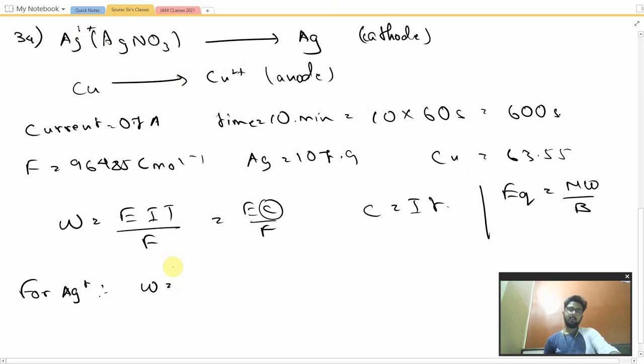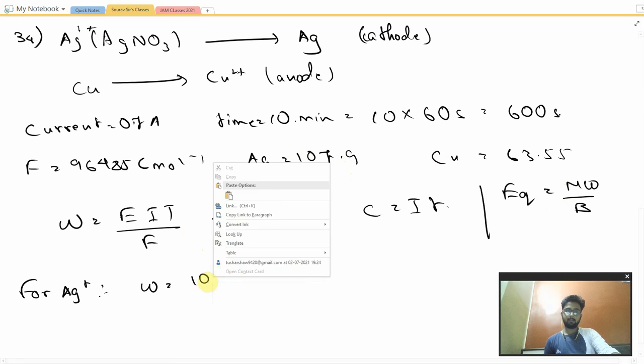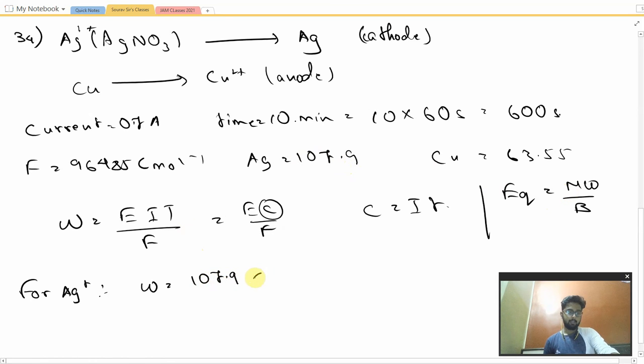So for silver we will have 107.9 divided by 1, which gives 107.9 only, into 0.7 into 600, as we have calculated, divided by the value that is given, 96485.